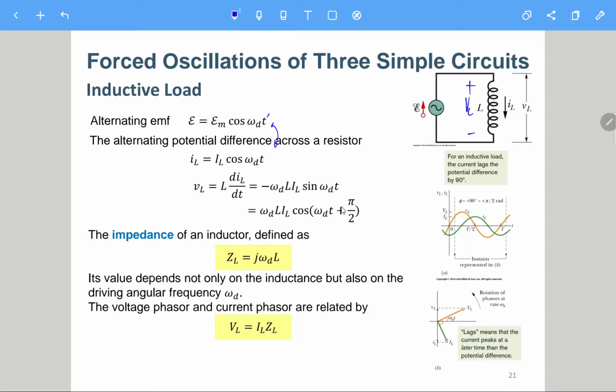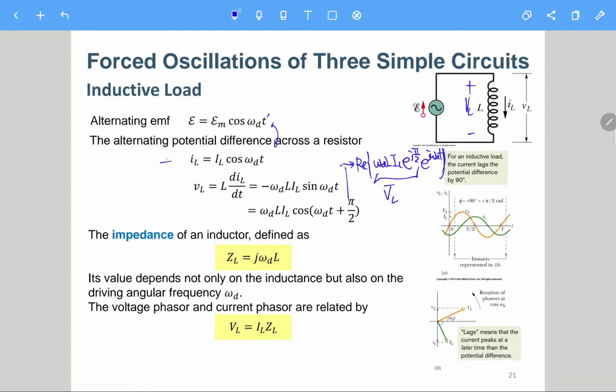In that case, this is the real part of omega d L IL and then exponential to j pi over 2 exponential to j omega dt. So we will take this part to be the phasor.